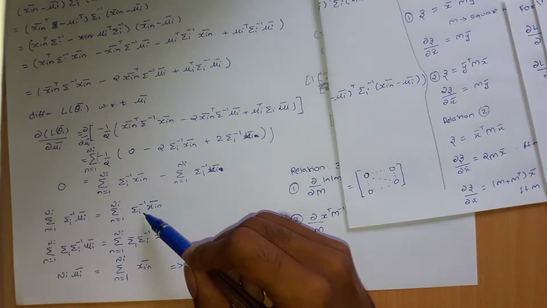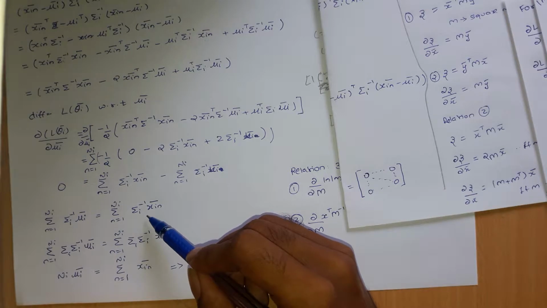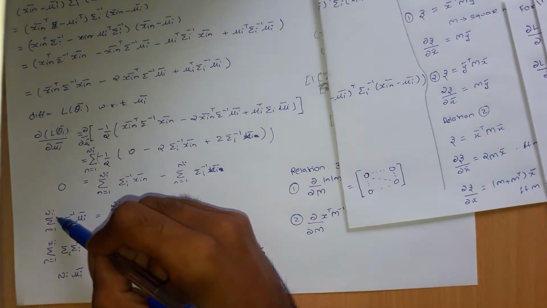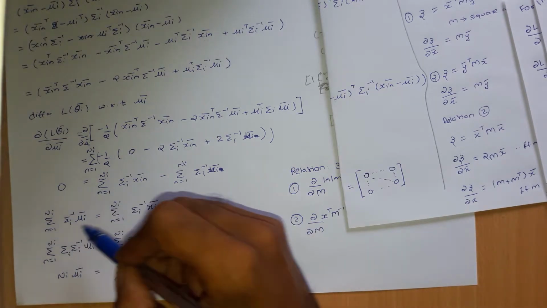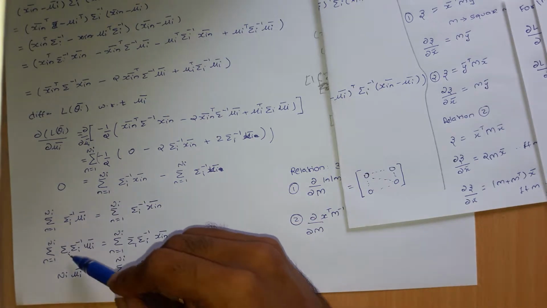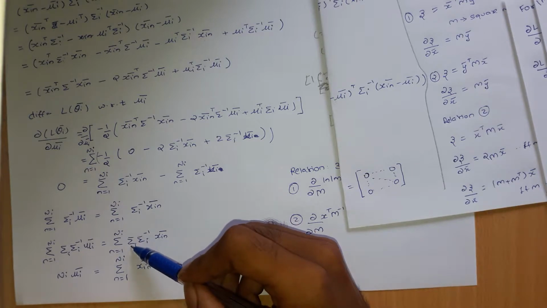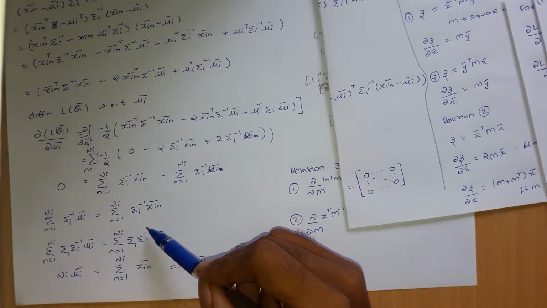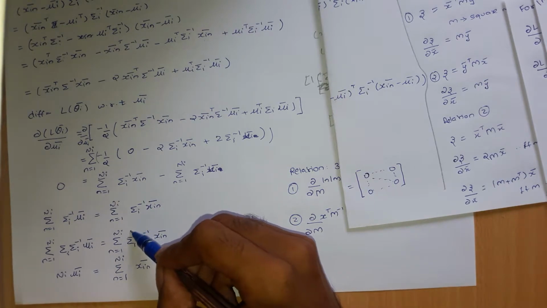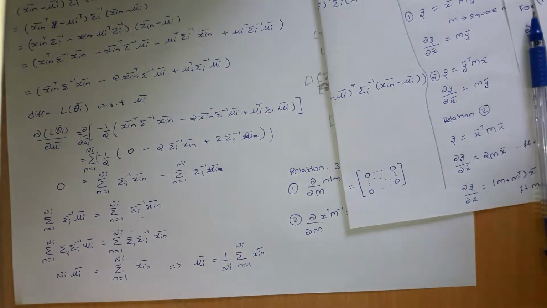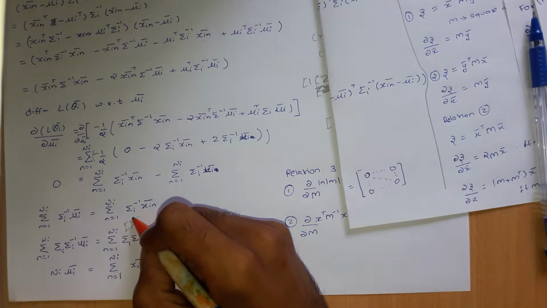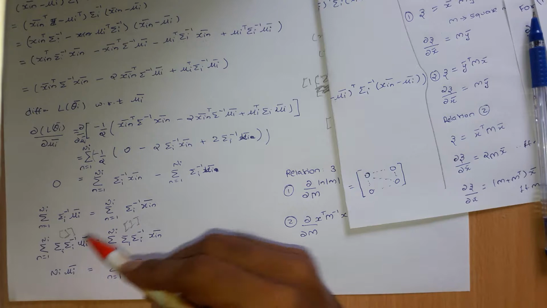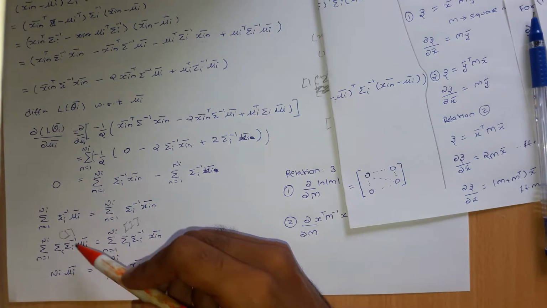Now since these are all matrices, I'll pre-multiply by sigma I on both the sides. So I'll get this. This was only to basically cancel both of these. So sigma I into sigma I inverse will give you nothing but an identity matrix. So here you will get an identity matrix, and here you have mu I bar, and here you have x in bar.